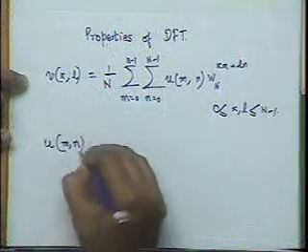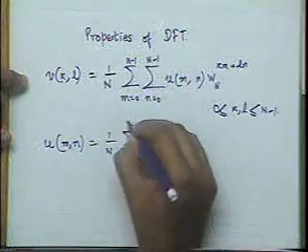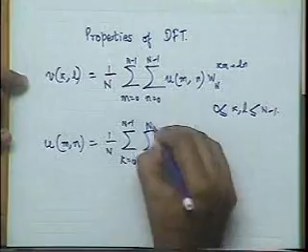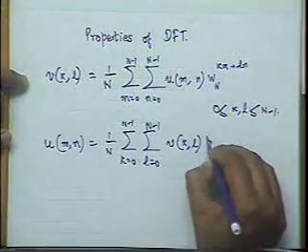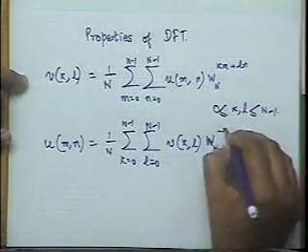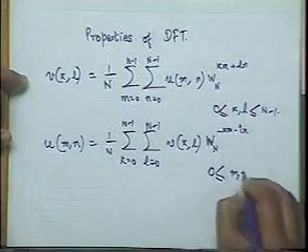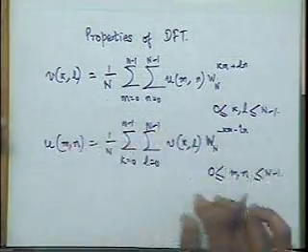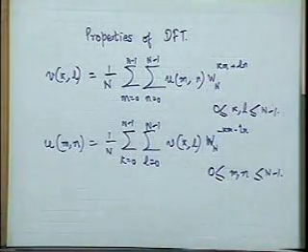The reverse transformation is u(m,n) equal to 1 upon N, summation k equal to 0 to N minus 1, summation l equal to 0 to N minus 1, v(k,l) W_N to the power minus km minus ln, where m and n lie between 0 and N minus 1. So these are the transformation pairs that we have.